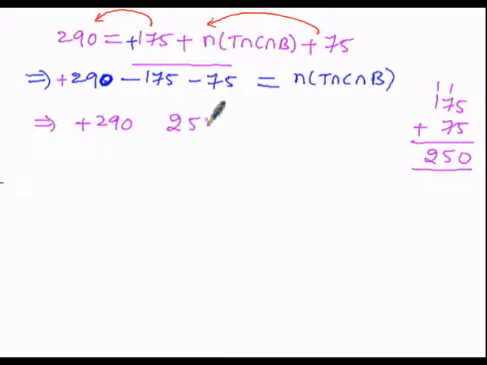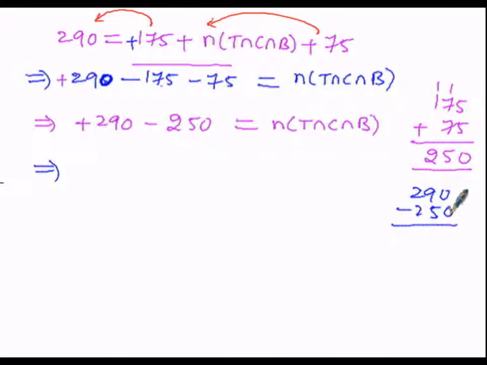To assess the sign, 175 is greater than 75 and 175 has a negative sign, therefore 250 assumes the negative sign. Then the right hand side must be copied as it is, n of T intersection C intersection B. Further simplification in the next logical step, that implies plus of minus is minus, we have to subtract greater minus least, that is 290 minus 250. 0 minus 0 is 0, 9 minus 5 is 4, 2 minus 2 is 0. So it is only 40. So 40 is equal to n of T intersection C intersection B.